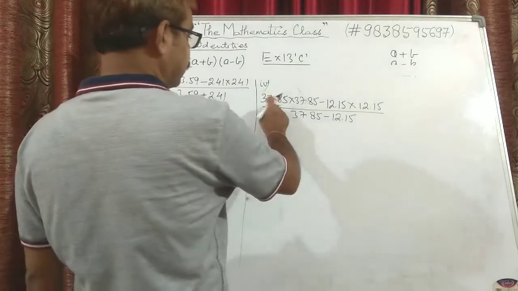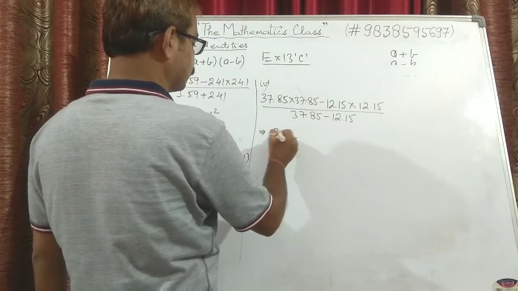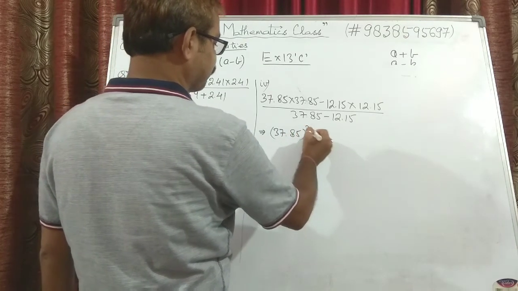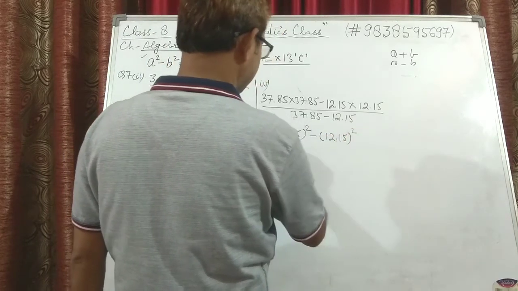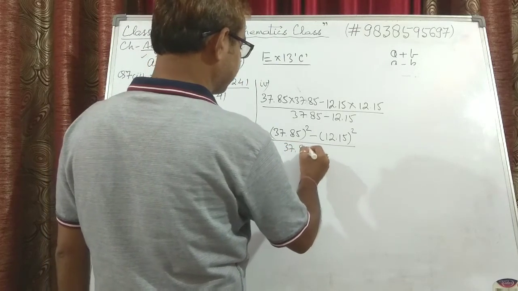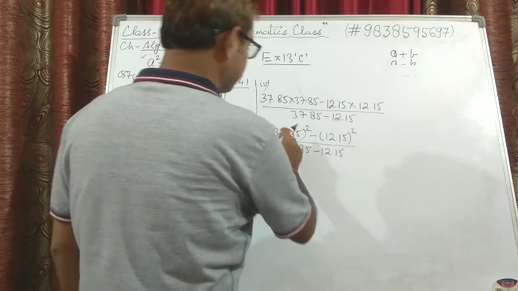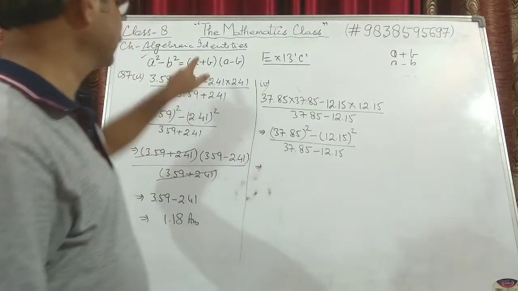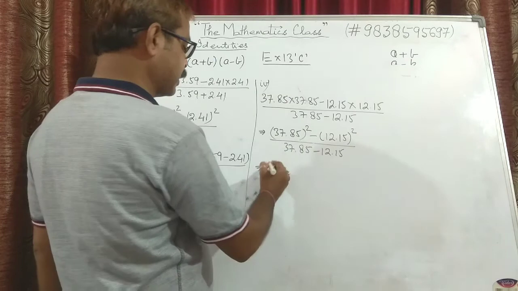Now this is also a square minus b square. So first of all, write it in a proper form: 37.85 square minus 12.15 square, upon 37.85 minus 12.15. We know that a square minus b square can be written as a plus b and a minus b. So we are writing this in the expanded form.